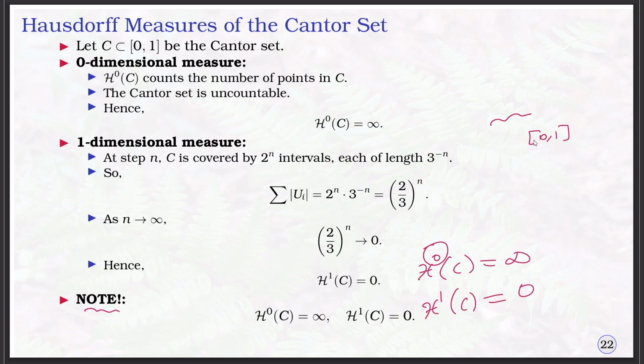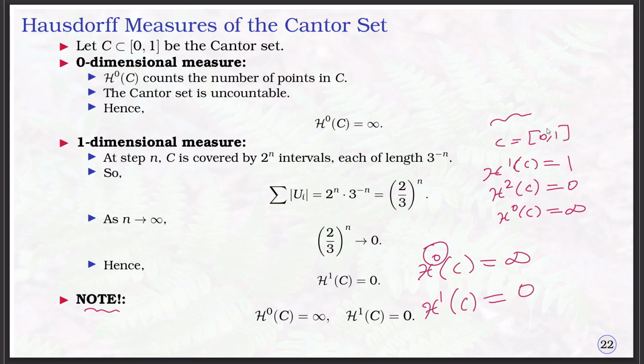If we are finding the H1 of C, we are getting 1. H2 of C is 0, H0 of C is infinity.